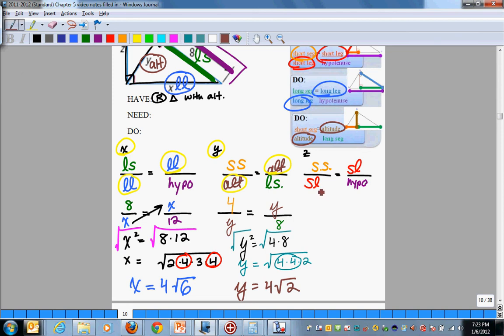Last one, we're going to solve for z. Z is our short leg, which is the geometric mean between the short segment and the hypo. So our short segment we already figured out is 4. Short leg we don't know, we're calling it z, but our hypo is 12. So we have z times z, which is z squared, equals 4 times 12.